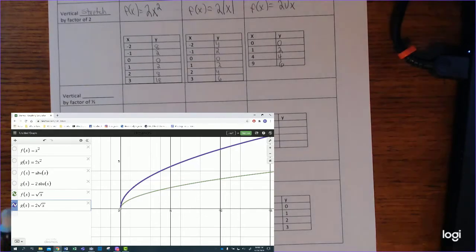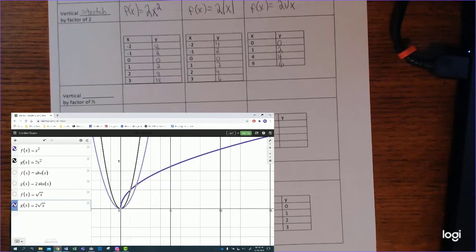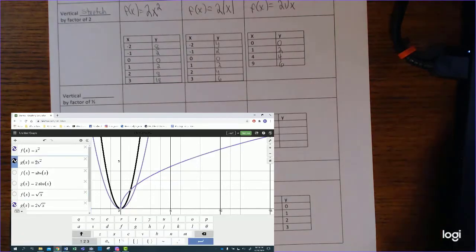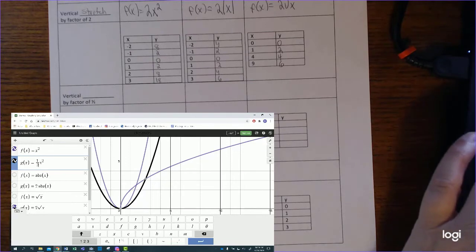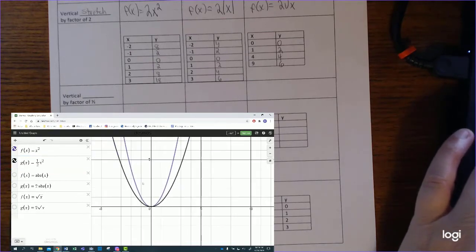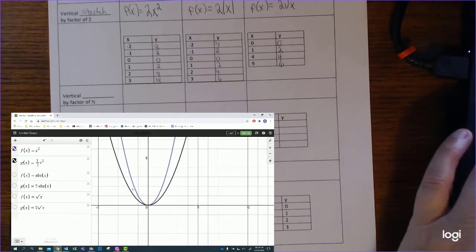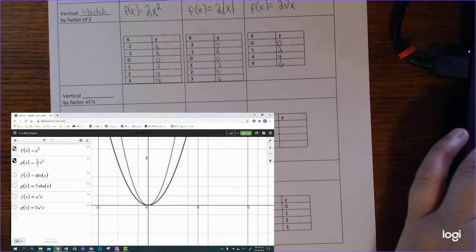What if I want to do a vertical change by a factor of 1/2? All right, let's just see what happens. So let's change that 2 to 1 divided by 2. So the purple was the original function, and this parabola is 1/2 x squared.